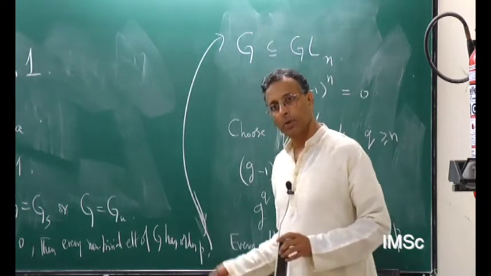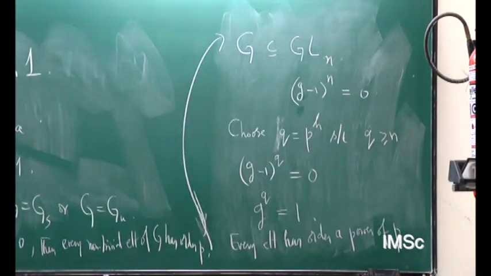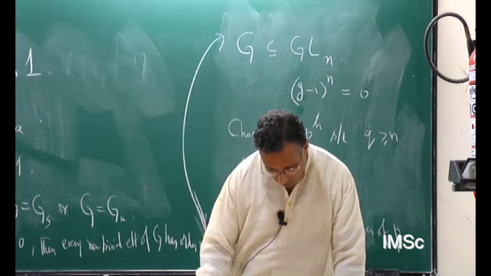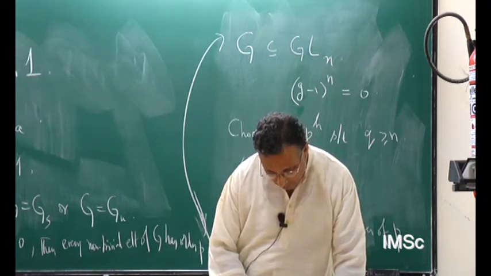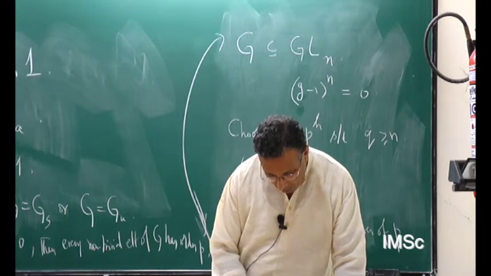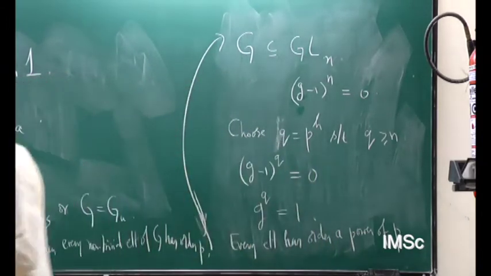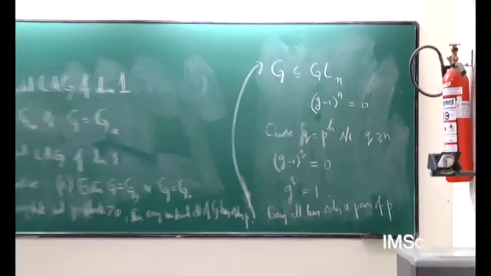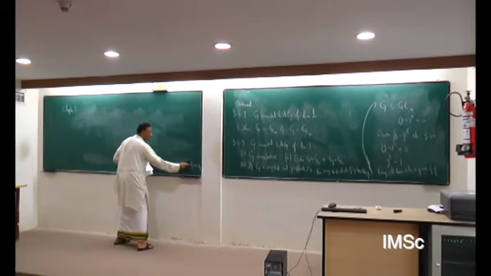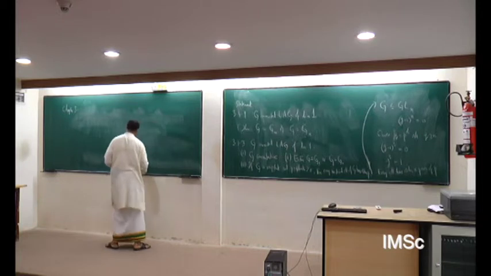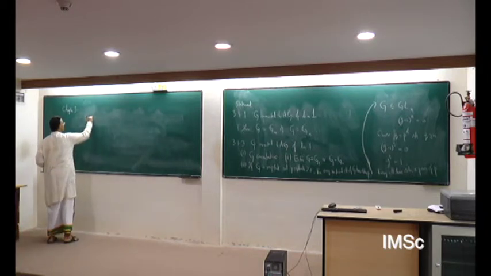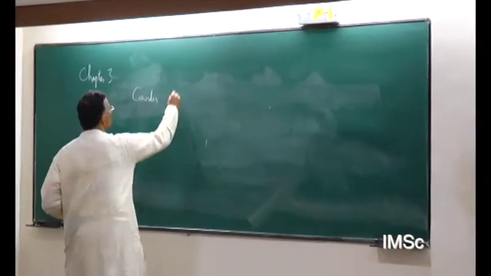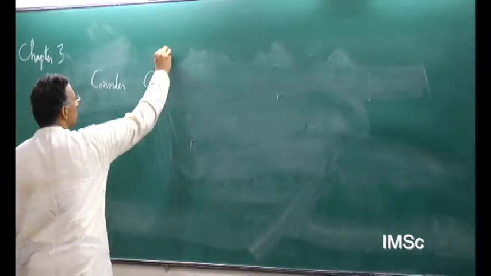Okay, let's see, how do I want to show that it has a power of p? So consider G^(p^h).